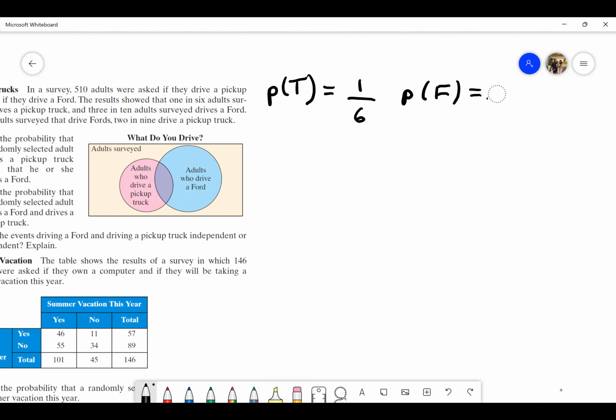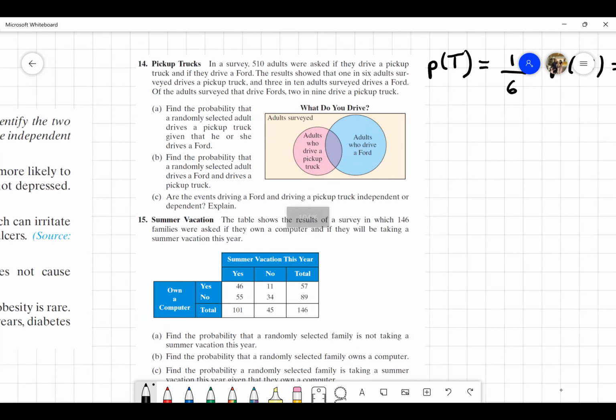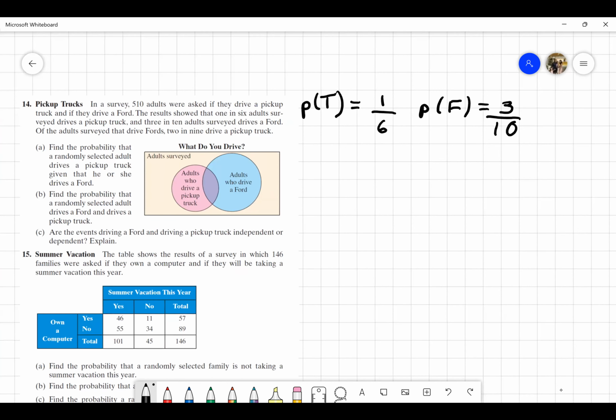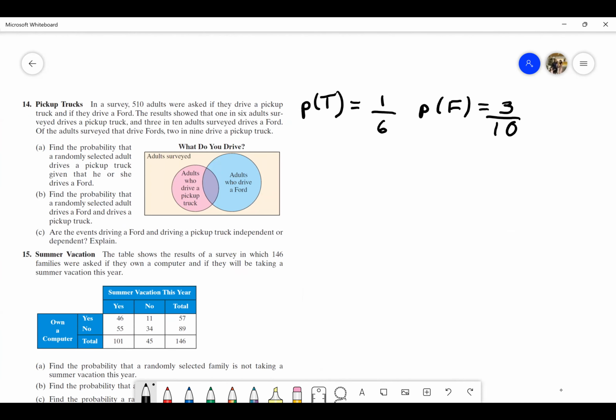Sorry, I misread that. Now, the most important thing is what the next sentence says. The next sentence says, of the adults surveyed that drive Fords, 2 in 9 drive a pickup truck.